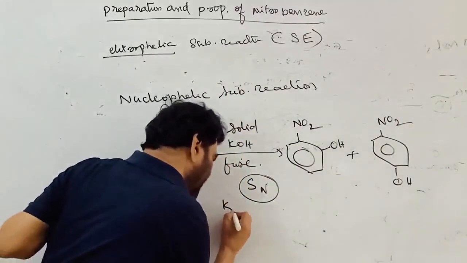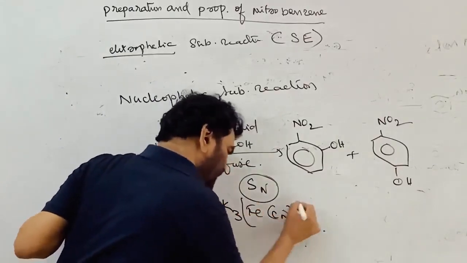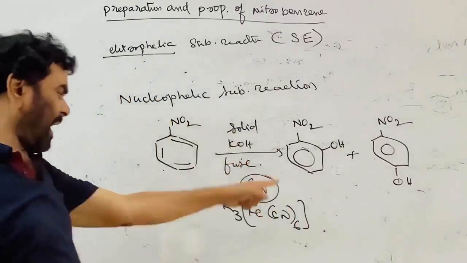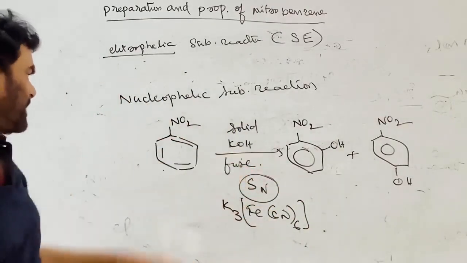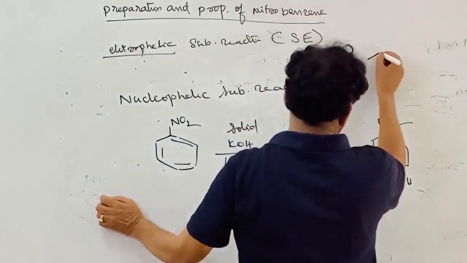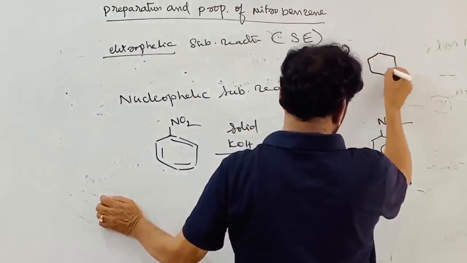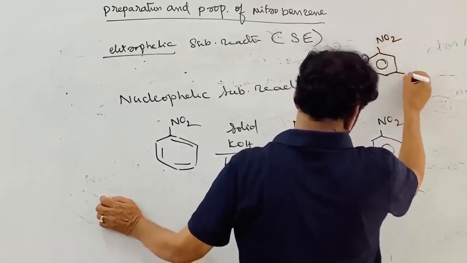So here, K3[Fe(CN)6], potassium ferricyanide, can be used as the catalyst of the reaction. In the presence of potassium ferricyanide, this is formed. And if it contains one more nitro group, as the number of nitro groups increases, this is the nitro group, this is the nitro group.